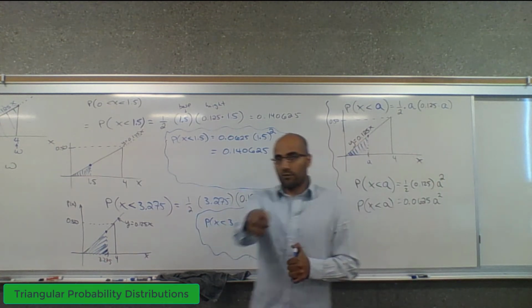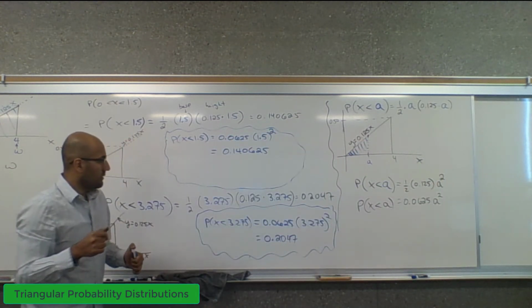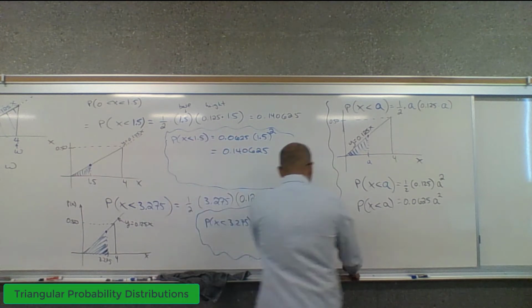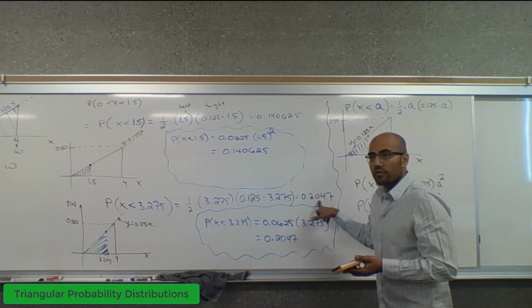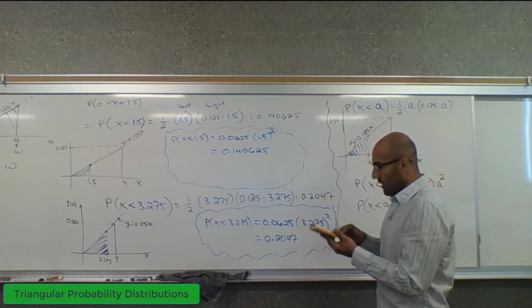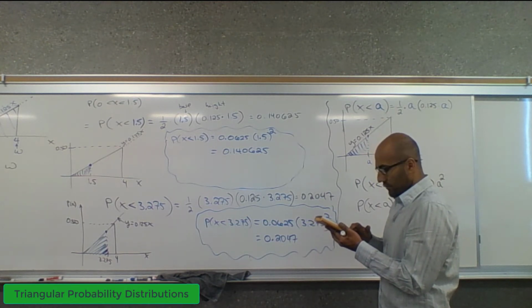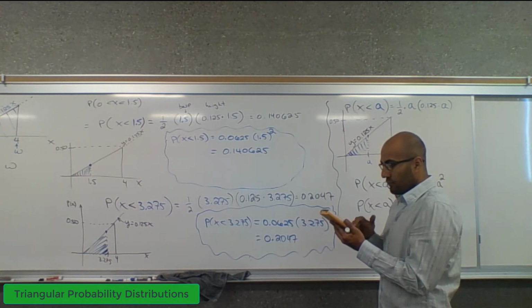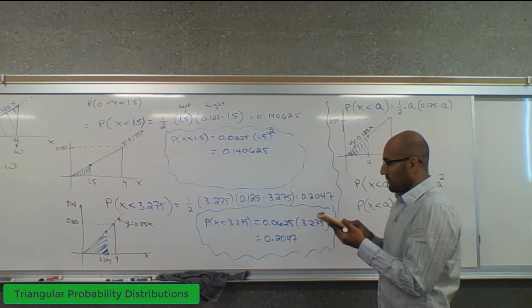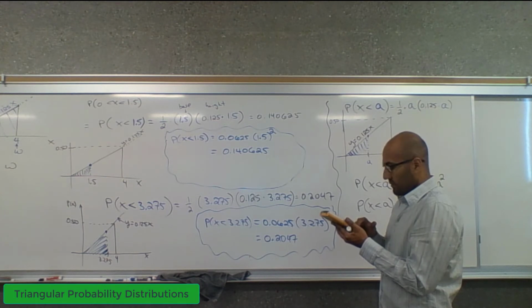Okay, yeah, question? I don't think that's the right answer. Oh, man. Well, this one's wrong, you're saying? Yeah, and I did it both ways. Okay, so yeah. 3.275 times 0.125 times 3.275 times 0.5.